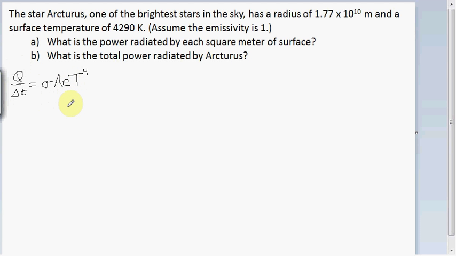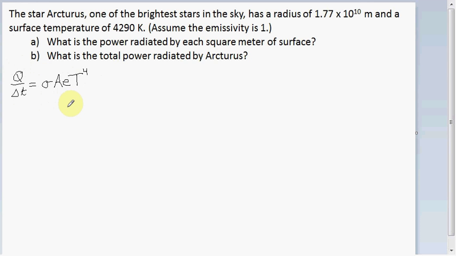It depends on how well the surface absorbs radiation. And so we're basically going to assume it's 1. It's a value between 0 and 1, and we're going to assume it's 1 here, meaning that if you shine a flashlight onto this star, the star is going to absorb all the light from the flashlight.